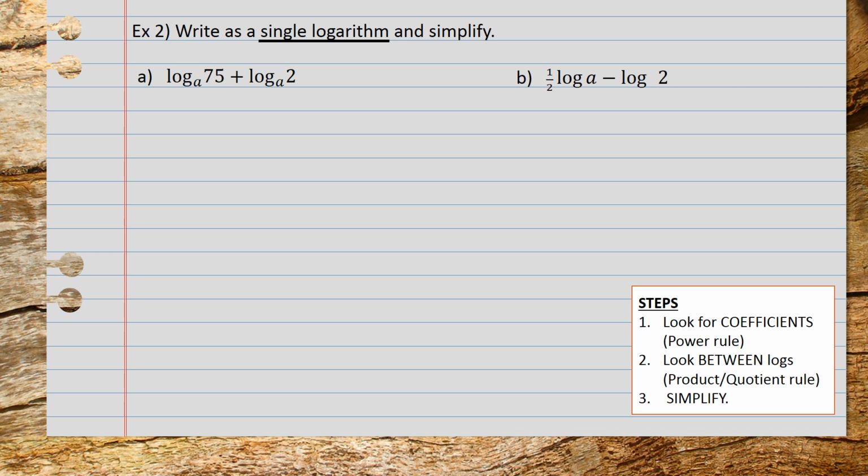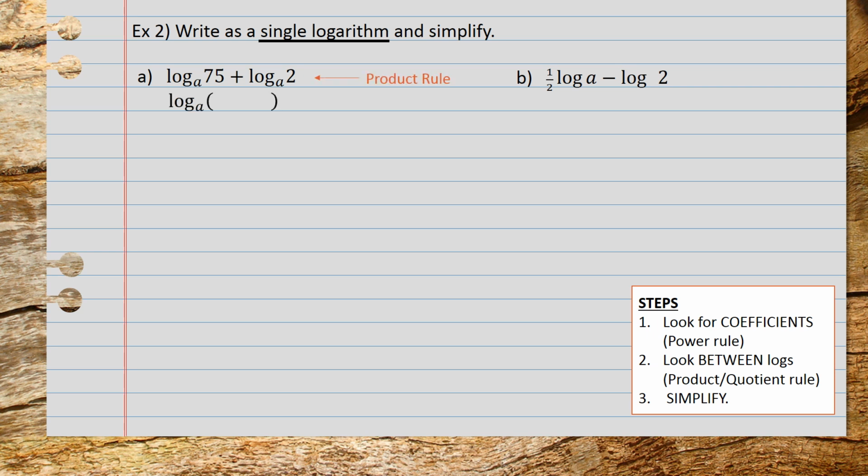So for A, do we have any coefficients? Any numbers in front of the word log? No, which means we are not going to apply the power rule. Step 2 says look between the logs to see if you have an addition or a subtraction. For A, since we have addition, if we do that in reverse, the addition means we will apply the product rule.